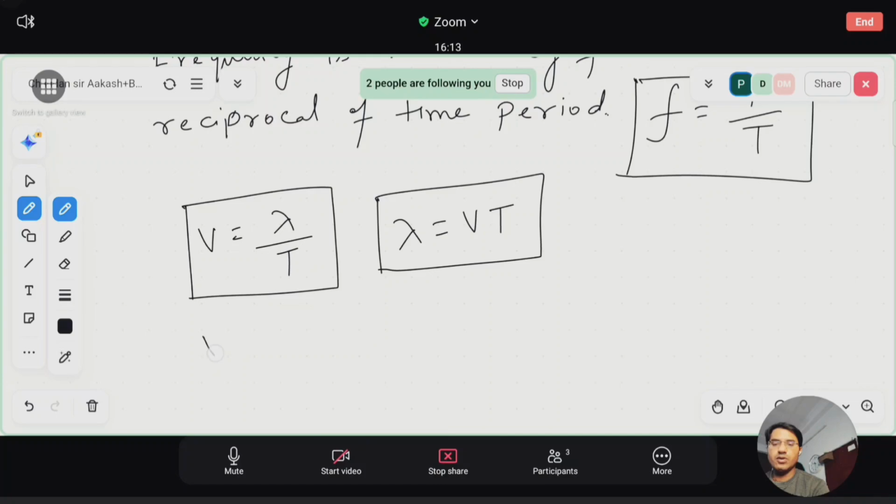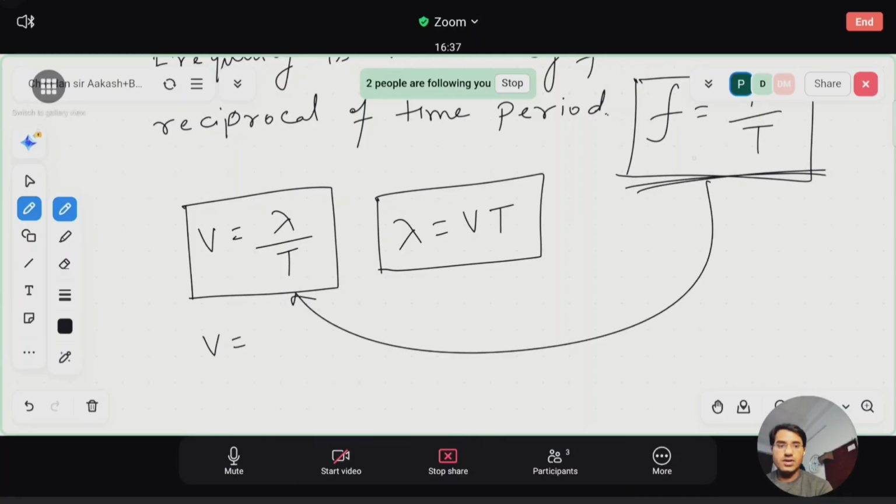What should be the relation if we want to find velocity without using time, but using frequency instead? It's lambda times frequency. Very good, because 1 by time period, as we have just seen, is frequency. So we write 1 over T as frequency. So v equals lambda into f.